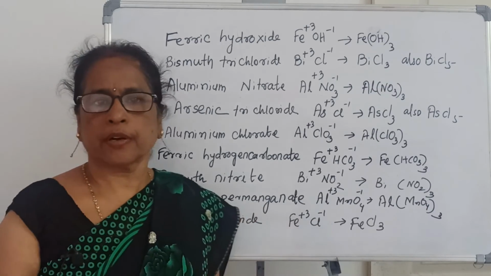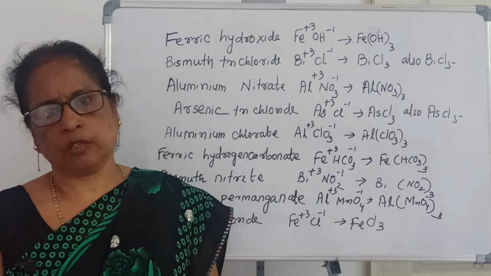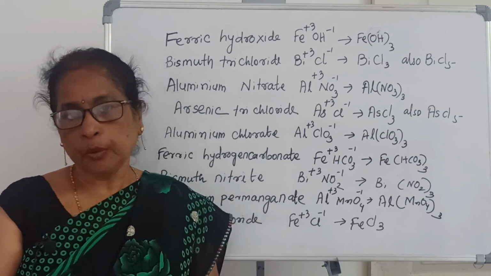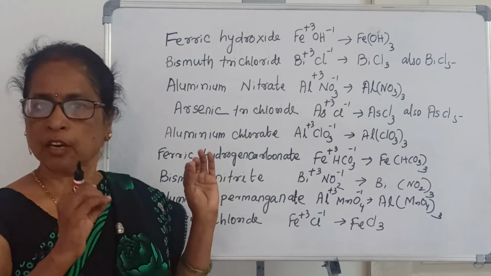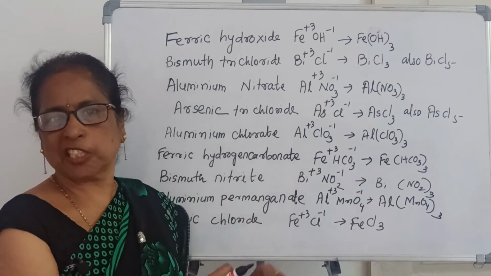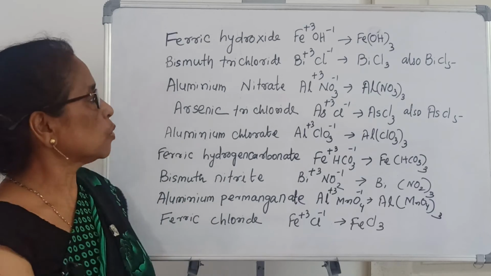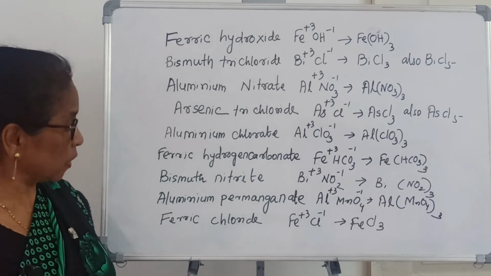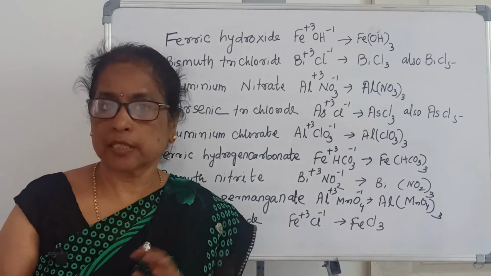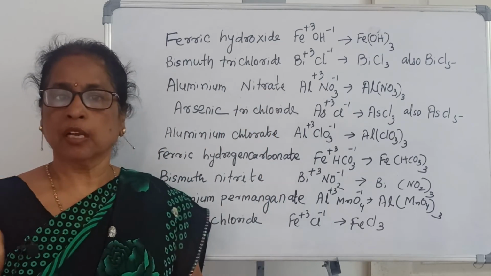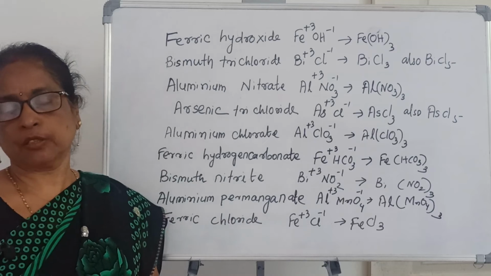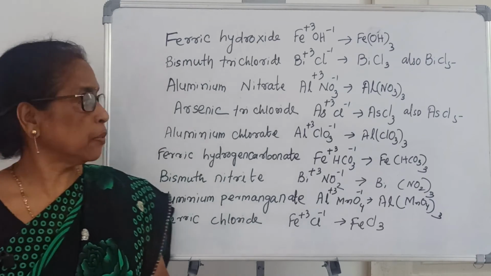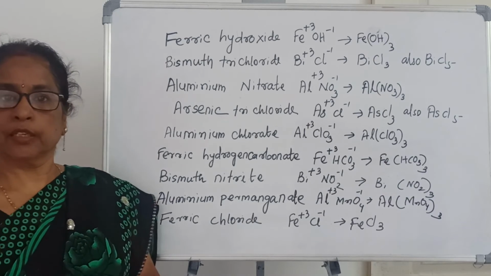So if you try more compounds, it is easy for you, but it is not so important whether it can exist in any lab. So try to do as many compounds as possible. I hope this explanation of the compound formation by the help of trivalent cation and monovalent anion is clear to you.